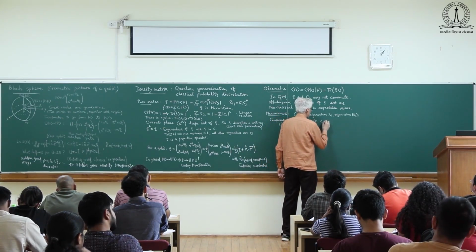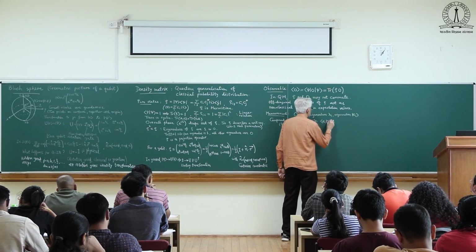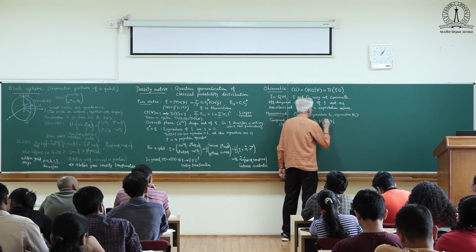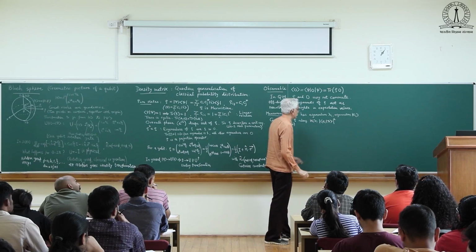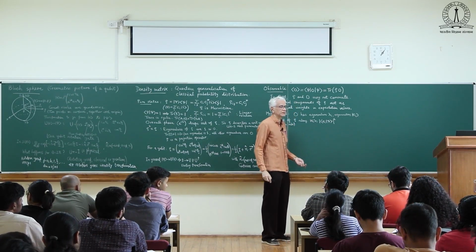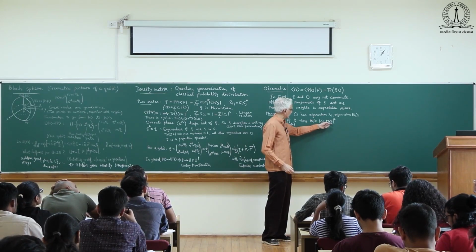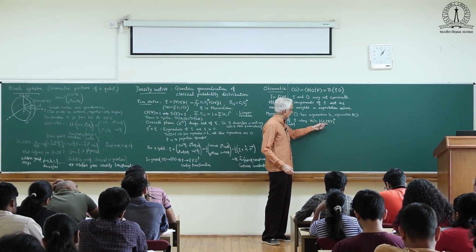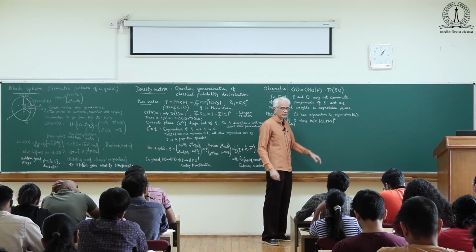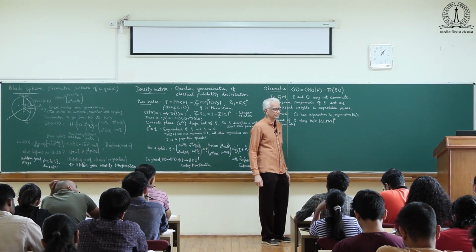What happens was, the probability was given by this particular expression. You take the component along the direction of the eigenvector and take the absolute value square.